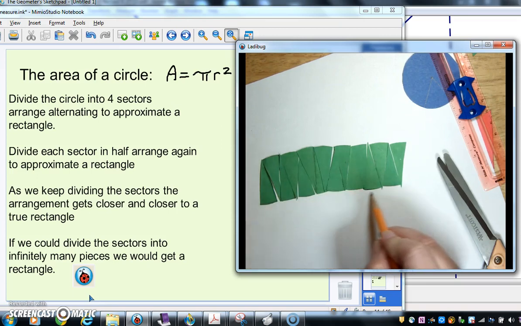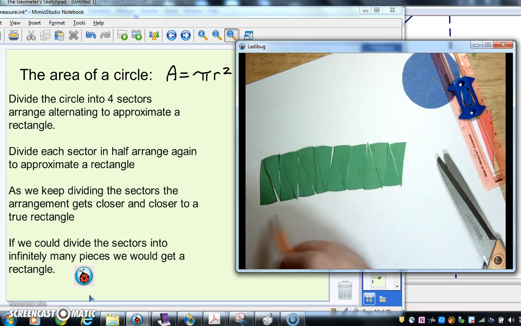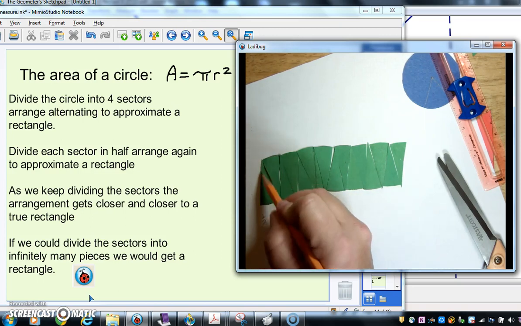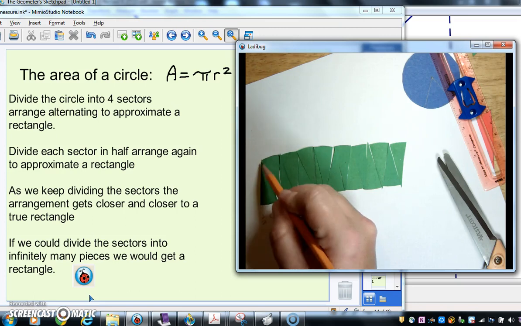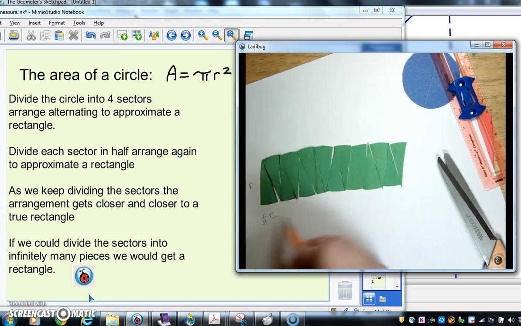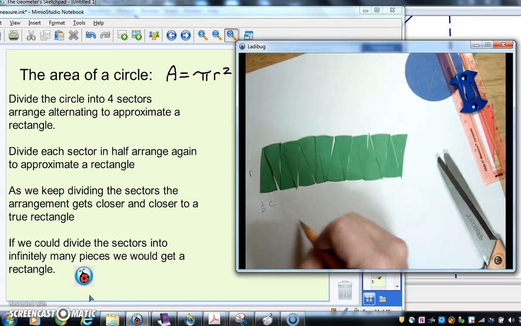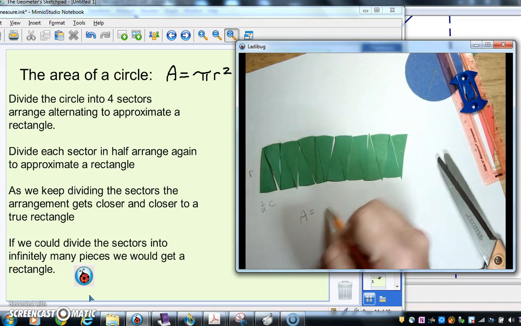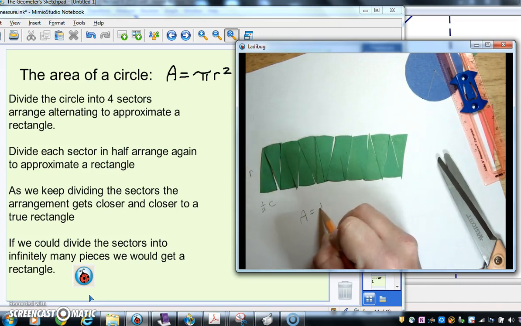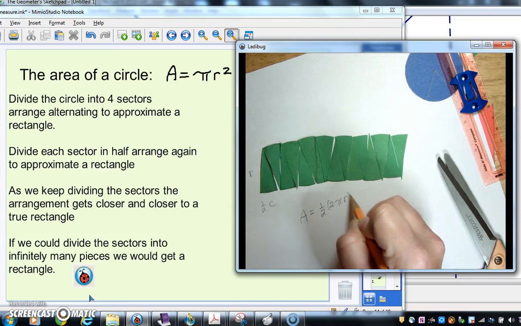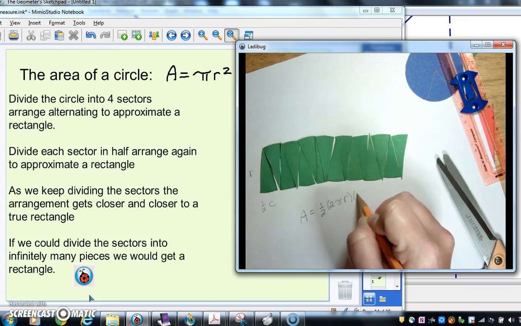This length right here is half of the circle, so it is half of the circumference. And this width of the rectangle is the radius, that is part of the sector there, so that's r. And then we can derive the area of the circle. The area of the circle would be 1/2 times the circumference. Well, the circumference is 2 times pi times the radius, times the radius.